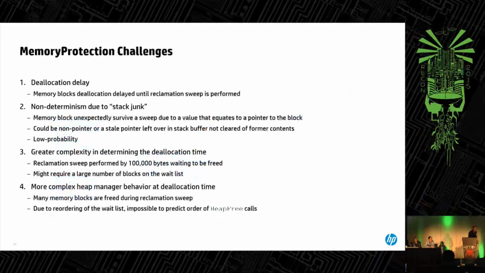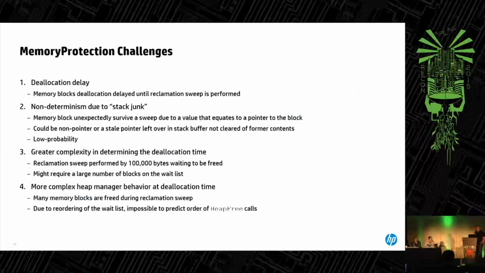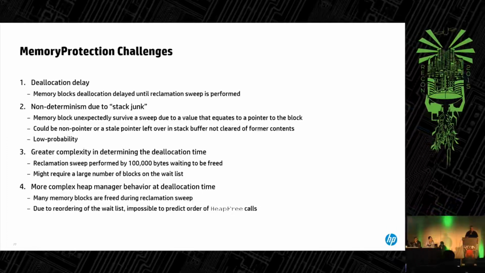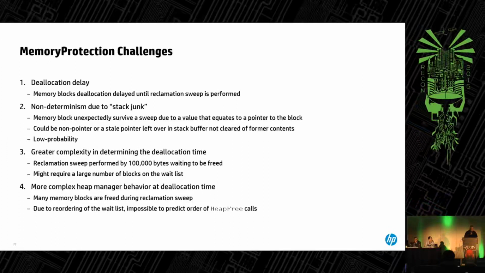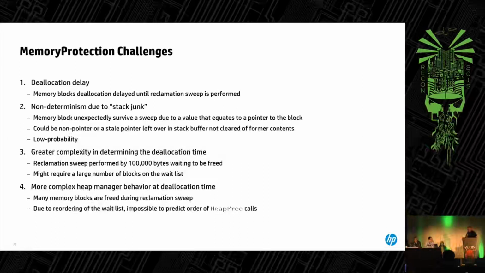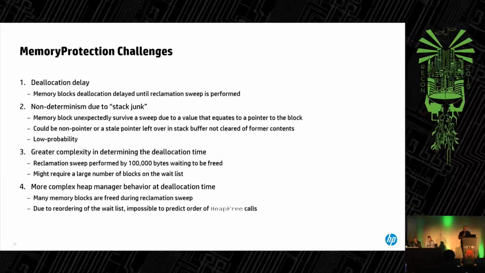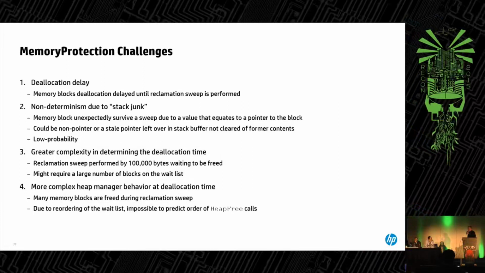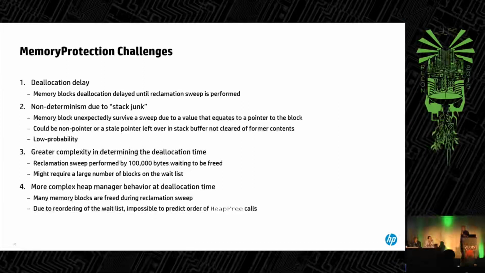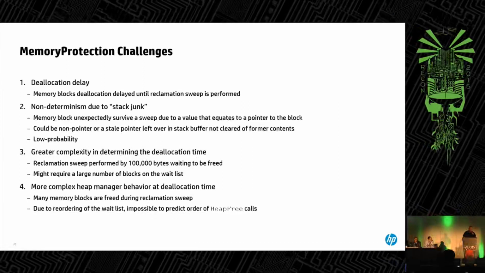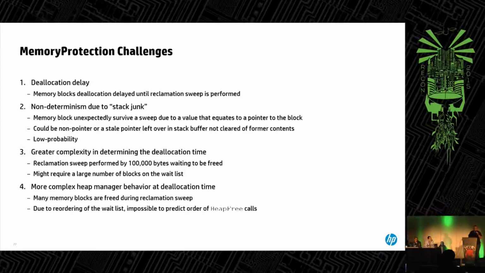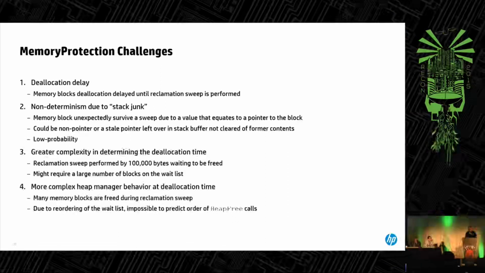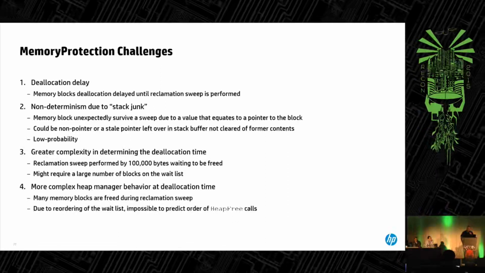So what are the challenges that memory protection presents an attacker for the subset of use after frees that are no longer being referenced? Well, first, there's the deallocation delay, because there's that reclamation sweep that we're waiting for before it would actually get deallocated. Next, there are several sources of non-determinism because of memory protection. First is the non-determinism produced by what we're calling stack junk, which could be non-pointers or stale pointers left over in stack buffers that are not cleared from their former use.